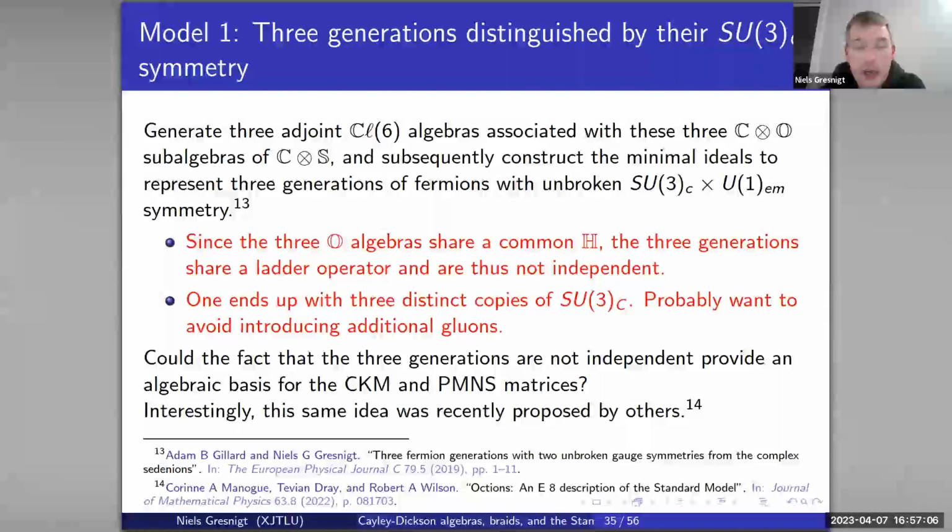But one interesting idea that I had with Adam, who I co-authored one paper with, was that perhaps this overlap of the 3 generations could give you a basis for the neutrino oscillations or the quark mixing. And it's really interesting that last year Manogue, Dray, and Wilson also suggested a similar idea in one of their papers. So this is one way to go about it. I'm not convinced that this would actually work.